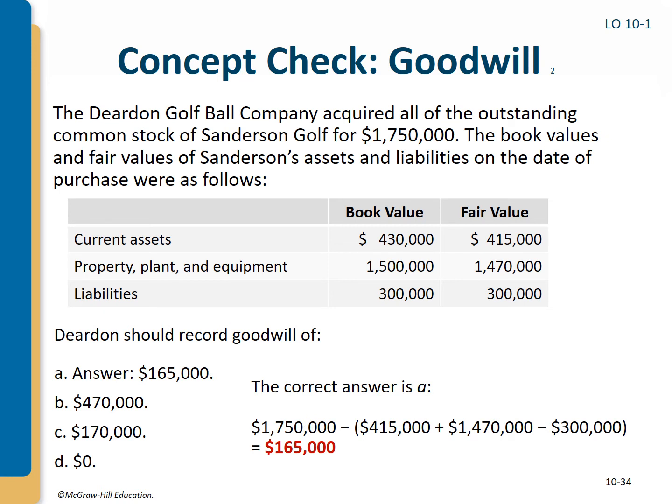Current assets, property, plants, and equipment, add them together, subtract the liabilities. So the fair value of the assets would be the computation in the parentheses. Subtract $1,750,000 and the goodwill, what they paid more than the fair value of the net assets, is $165,000.